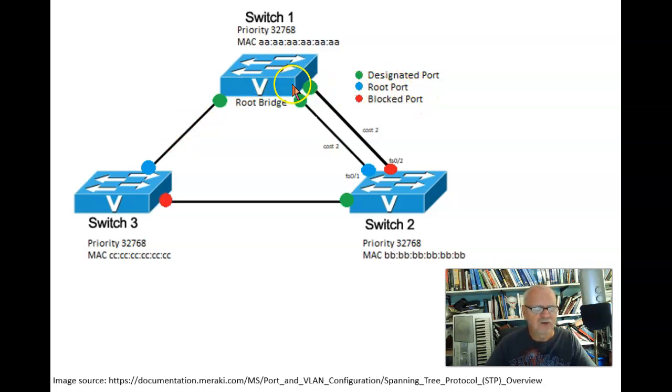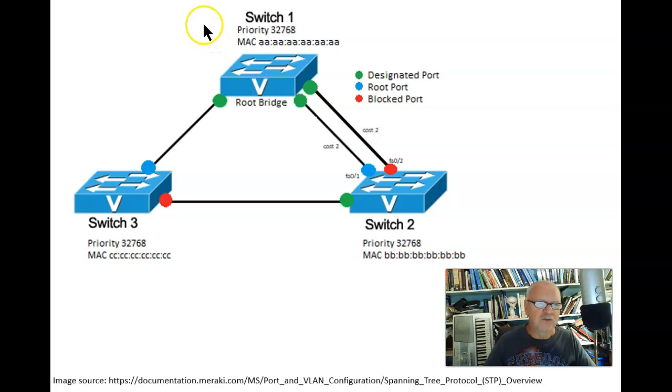However, I did mention that there is a problem here. Let's see what that problem is. Let's say that switch 1 is connected to a device that it is just now learning. In other words, that device has now sent out a frame, and we said earlier that when a switch receives a frame from a device that it's unfamiliar with, it looks at the source address and learns that source MAC address and puts it in its CAM table.